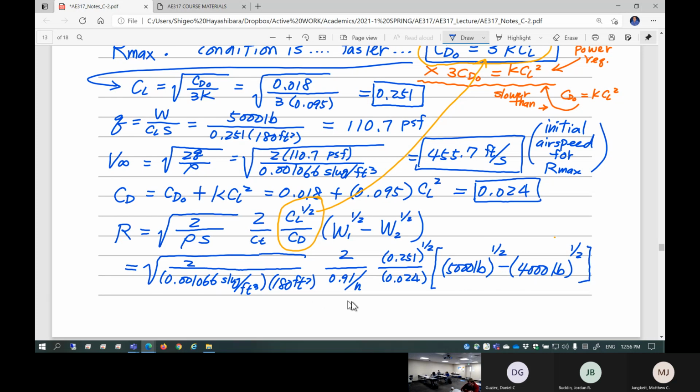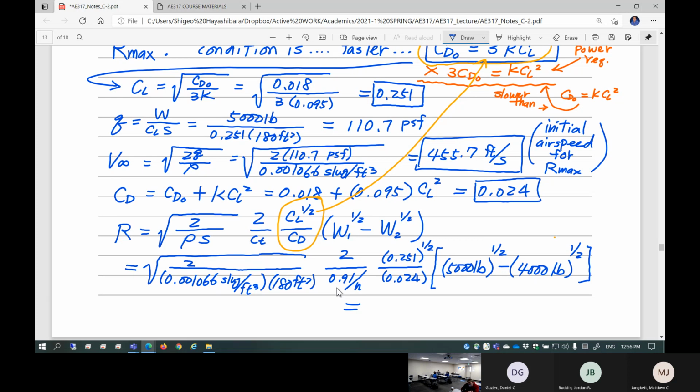I hope you can do this computation. Now, this has all sorts of units mixed up. If you compute everything, of course, you have to convert hours into seconds and all that. Feet is fine, slugs are fine, pounds are okay. You're going to get a result in feet.